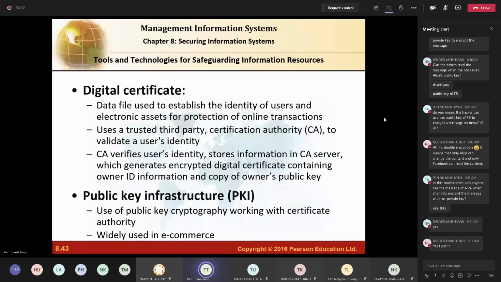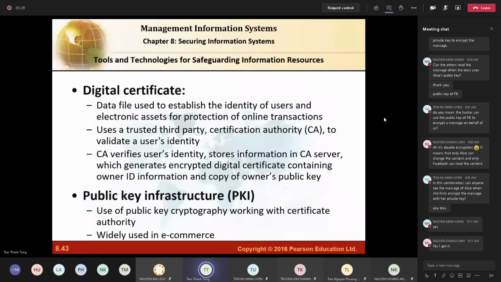Here is the CA, the trusted party, and it will write out a message: here is the public key of Facebook, and it attaches to that message the public key of Facebook. It means that in the message we have linked the identity of the owner of the public key with the public key.